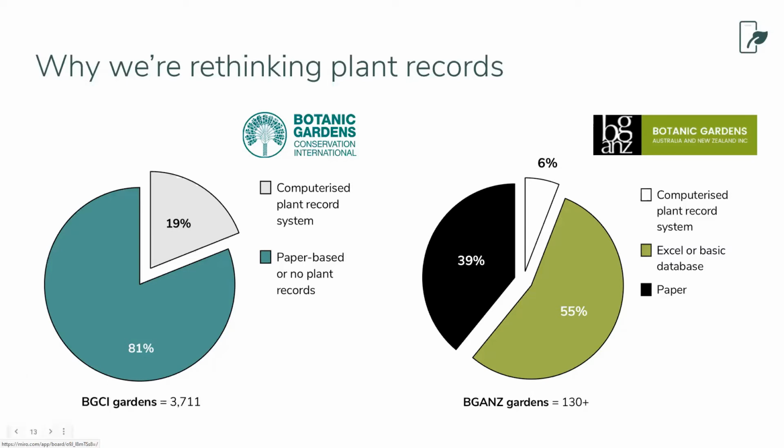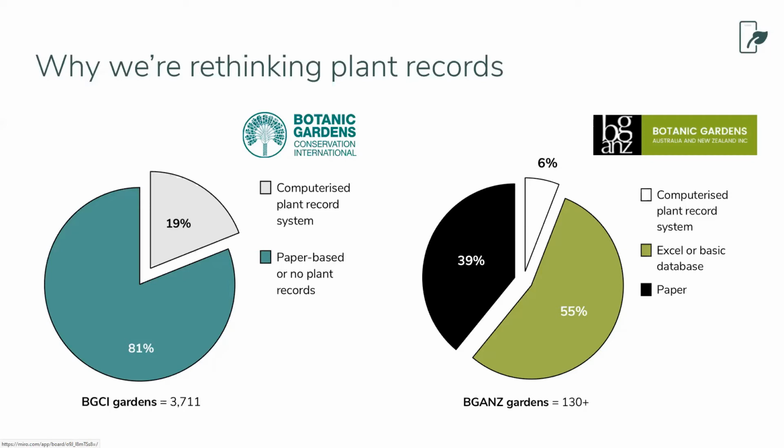Over 2 years ago, I think it was, BGAN sent out a survey, and that survey revealed that 90% of gardens were dissatisfied with their current record keeping system, and 97% of them agreed that an appropriate system would help them achieve better plant records. So you can see there's a lot of dissatisfaction out there, and with the advancements and opportunities that technology offers, we can really strive to become better positioned.